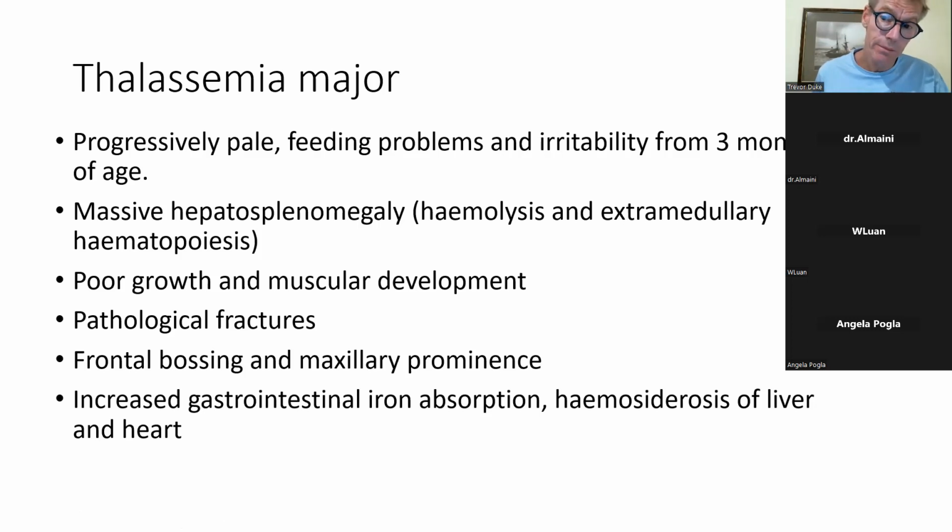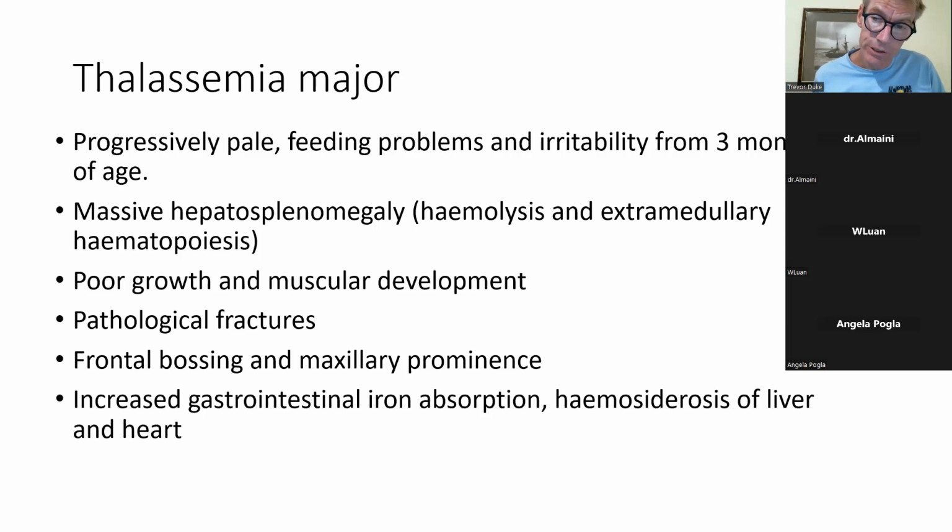But when the fetal hemoglobin is dropping, then you start to see symptoms from thalassemia. They look progressively pale. They have feeding problems and irritability, mostly because they're just more anemic. They develop massive hepatosplenomegaly because of hemolysis, and also because of extramedullary hemopoiesis in the liver and the spleen and in the bones.